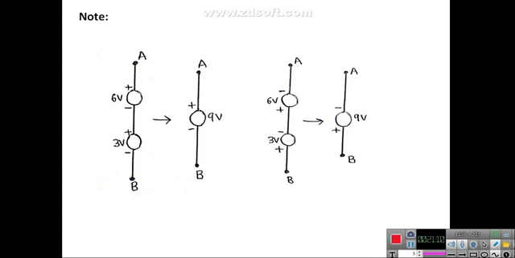Then what is the resultant? If dissimilar polarities are connected, then the magnitudes of the voltage sources should be added. So that means 6 plus 3, 9.